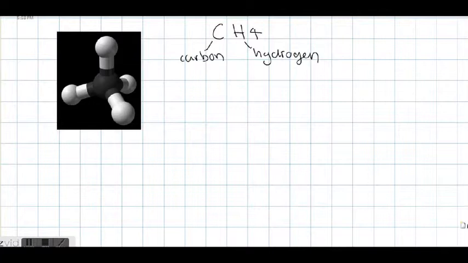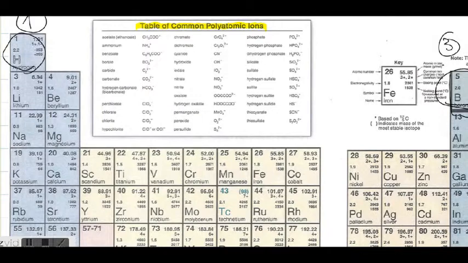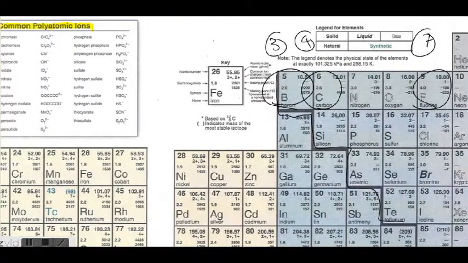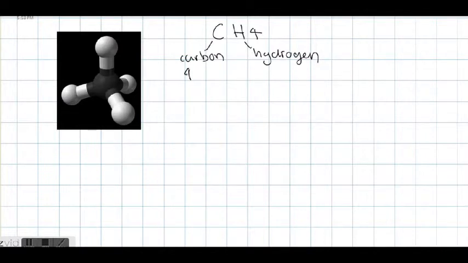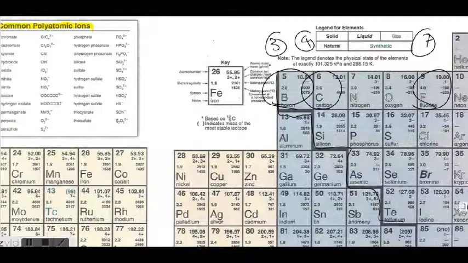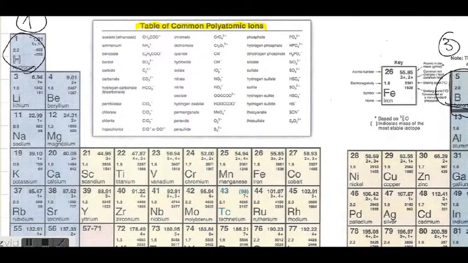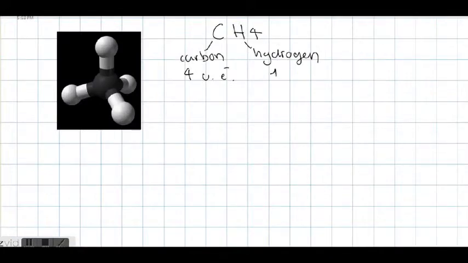So for carbon, we'd go to the periodic table, and since carbon is in group 4 right here, we know that it has 4 valence electrons. Now hydrogen is in group 1 right up here, which means that it has 1 valence electron.